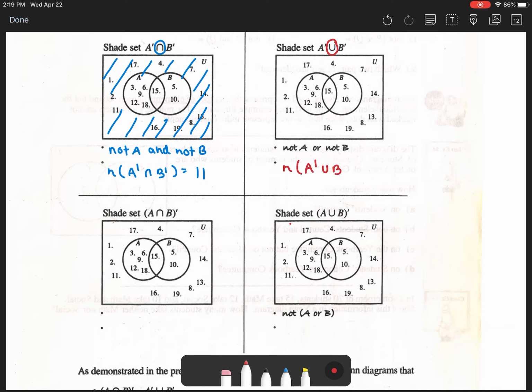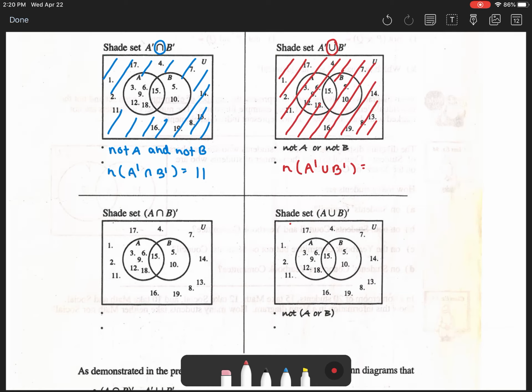Next, not A or not B. So they've written that in there, not A or not B. Number of elements in not A or not B. Now it can be one or the other or both. So this time when I shade, it's going to be everything except that very middle value of 15.